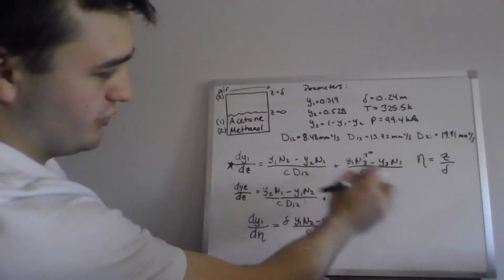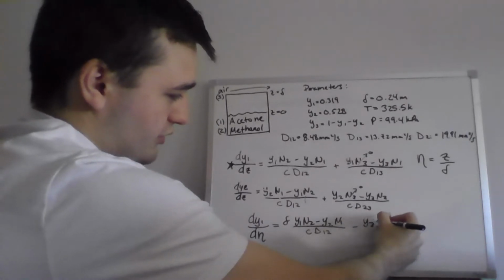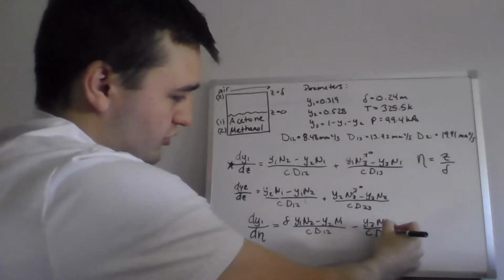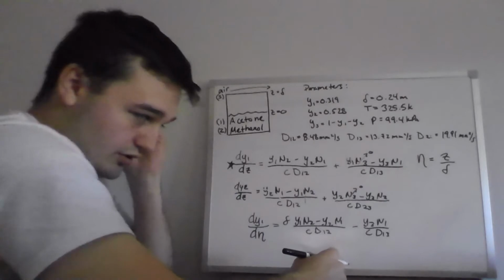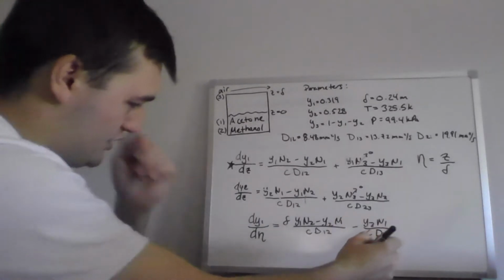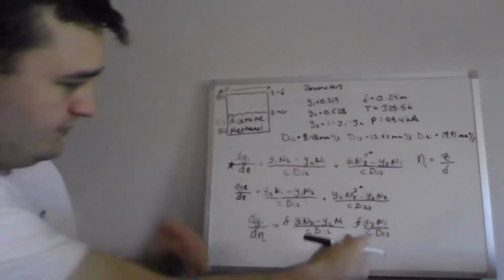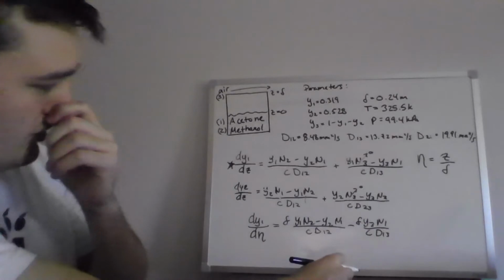This minus comes out front now. And we can say the mole fraction of 3 times the molar flux of 1 over the concentration times the Stefan-Maxwell diffusion coefficient between 1 and 3. And I am forgetting that delta goes there as well. So let's actually do that. There we go. Okay.